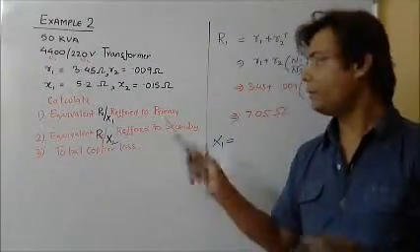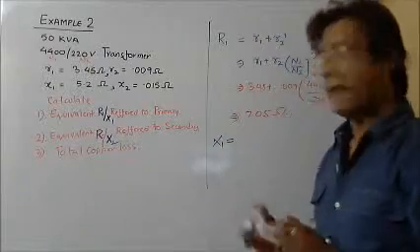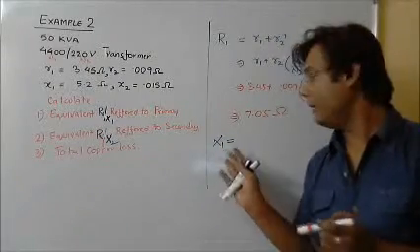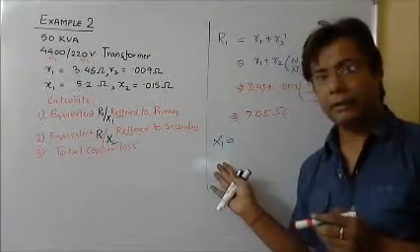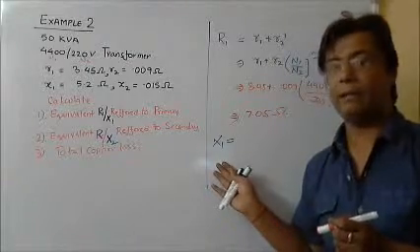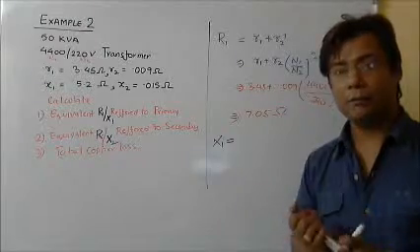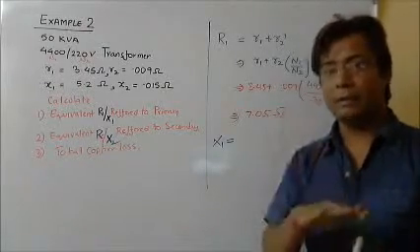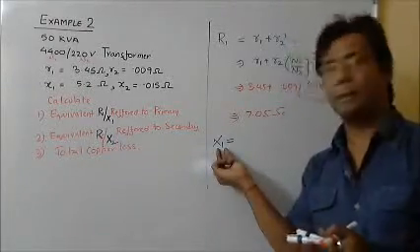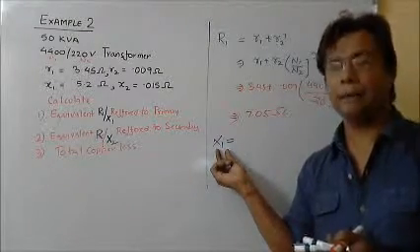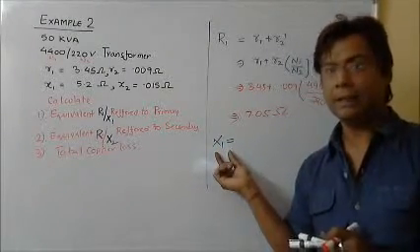This is for convenience. Again, X is a capital one, so it will be an equivalent resistance or reactance. If it is in capital, it means it is referred to some side, either the primary or the secondary, depending upon the subscript, that is 1 or 2.